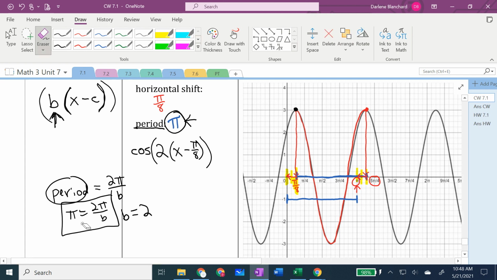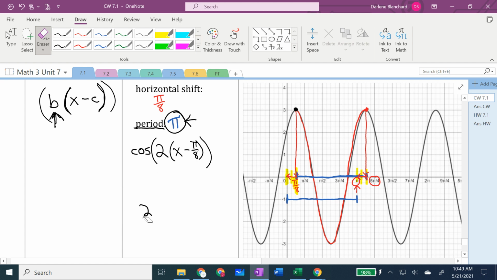So now with the vertical issues, I'm going to erase some of this. When I'm focused on the vertical issues, I might be multiplying my cosine function by a number and then adding a number. Those are my two outside issues. Right now I'm putting a theta for everything inside so that I don't work with the horizontal at the same time as I work with the vertical.